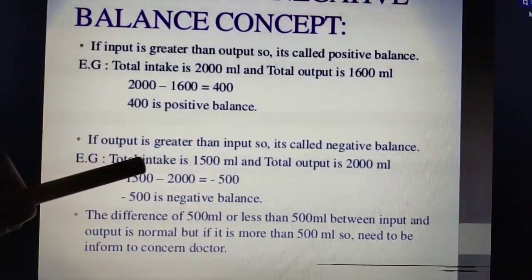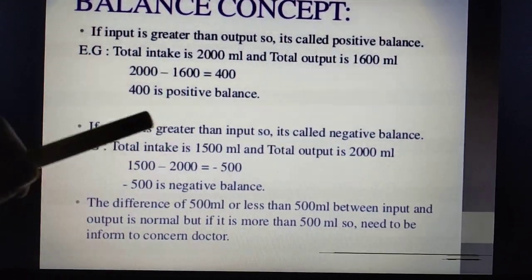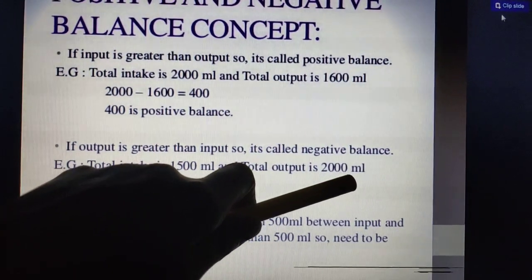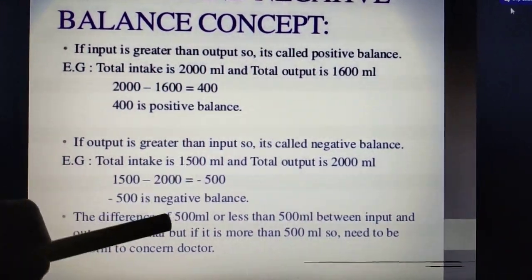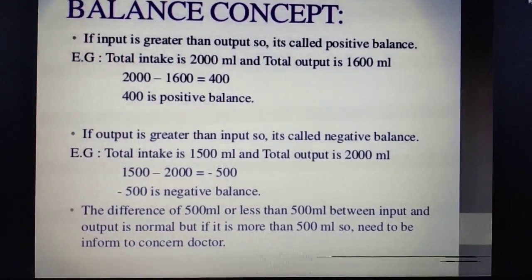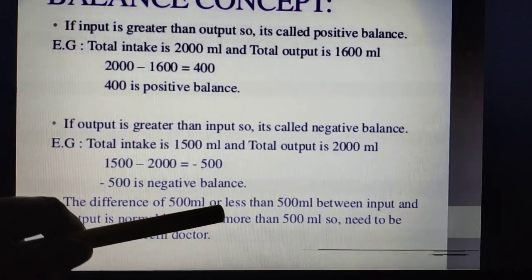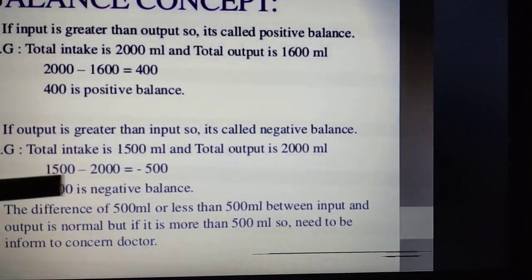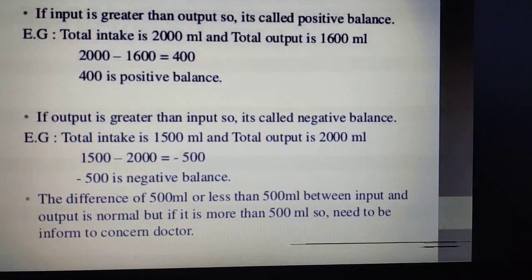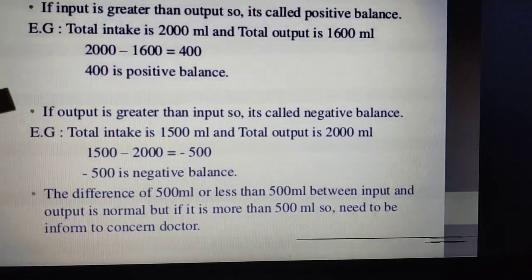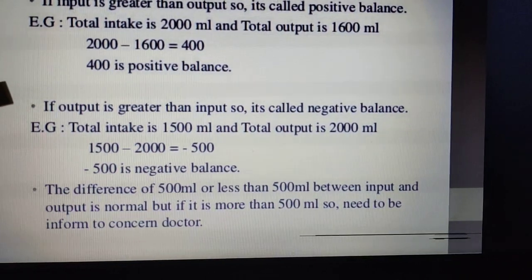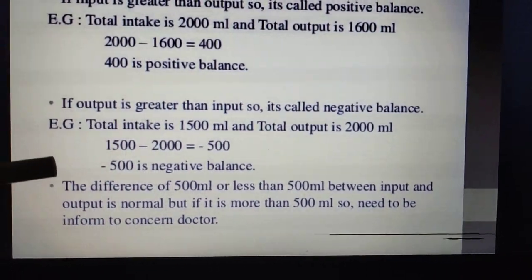So that we call negative balance. It means if the output is greater than the input, then we call it negative balance. Clear? Then a difference of 500 ml or less than 500 ml between the input and output is normal. But if it is more than 500 ml, we need to inform the concerned doctor. Clear?